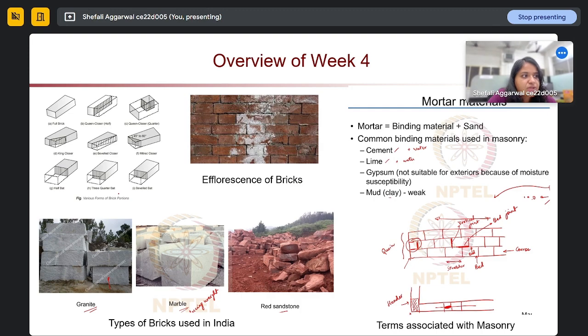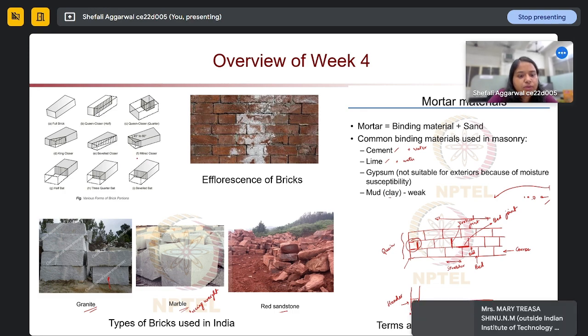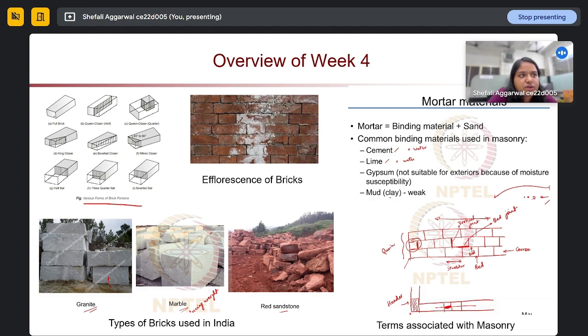Okay. So another thing is, when we are constructing structures, sometimes we have to break our brick into different forms. So what are the various forms of brick portion? Now, our brick looks like this. If we are breaking it longitudinally, it is called as screw enclosure.